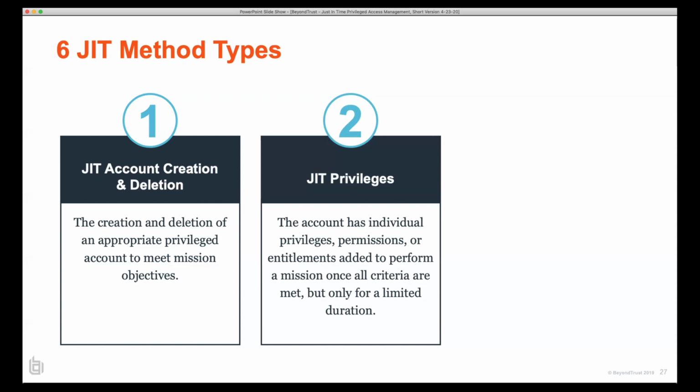The second method is privileges. Here's an account, I'm going to give it the privileges it needs, and then I'm going to remove it. Now, we always think about permissions on a file system or other forms of unstructured data. This is kind of a technique to get there. So the third method, or the other methods that are involved in this, one is called tokenization. That involves the ability to change the security token for the application.